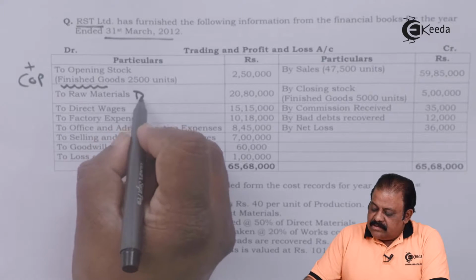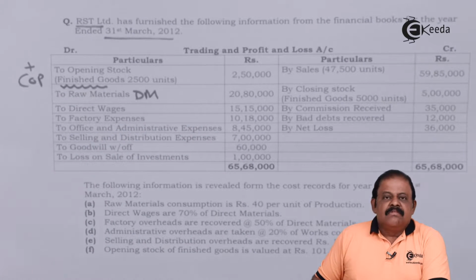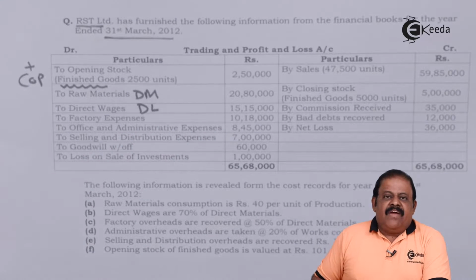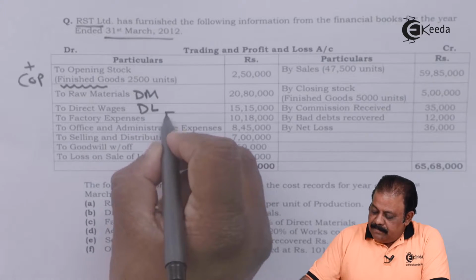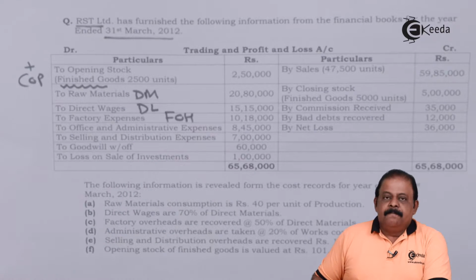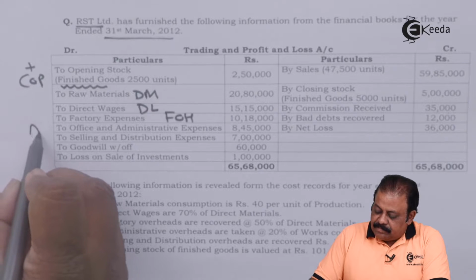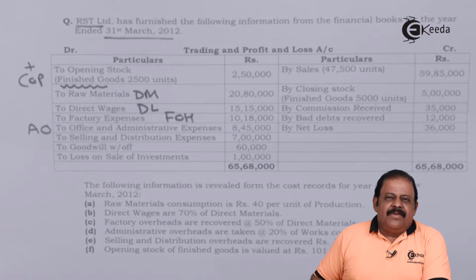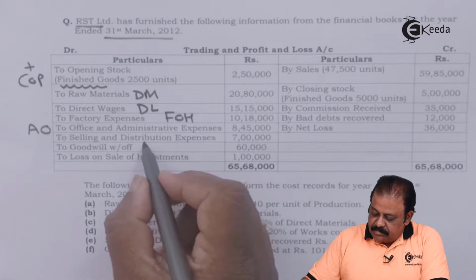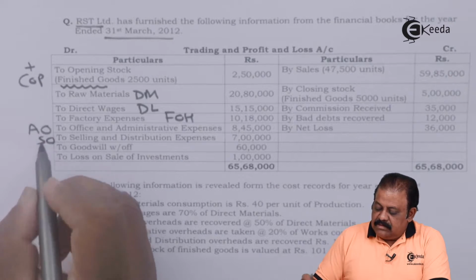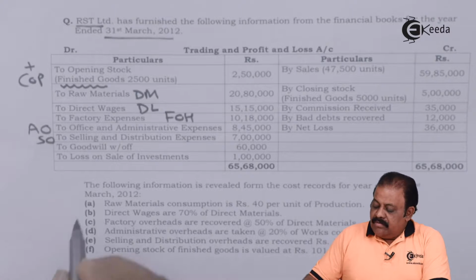Raw materials, direct materials, direct wages, direct labor, factory expenses, factory overheads, office and administration expenses, administration overheads, selling and distribution expenses, selling overheads, goodwill written off.